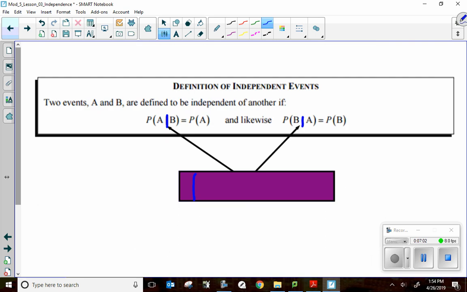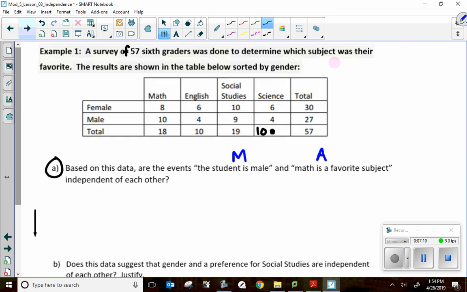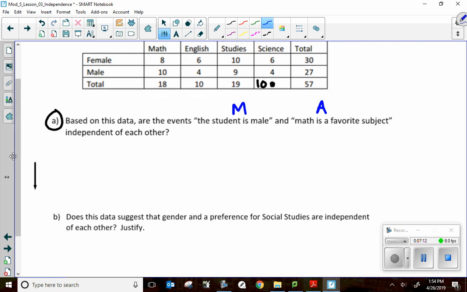So for them to be independent, the probability of one given the other has to equal the probability of the first one. So the probability that I pick a student that is male, given that I'm only choosing arithmetic or math, is that equal to the probability of just a male?